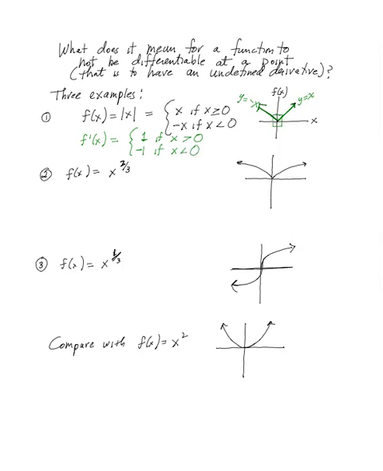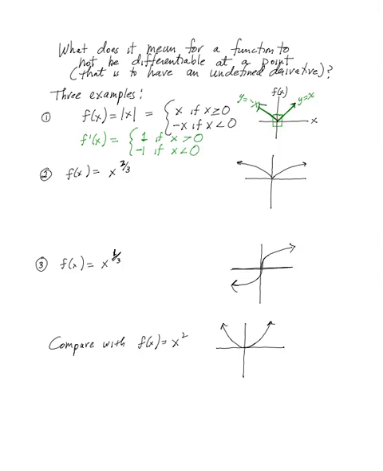It'll just never look linear at this point if you zoom in. That's because the secant lines that go through 0 and points to the right of 0 have a slope of 1. And the secant lines to the left of this point have a slope of negative 1.